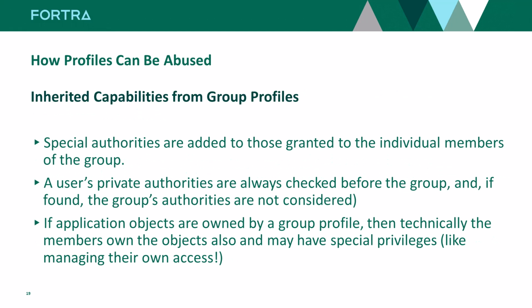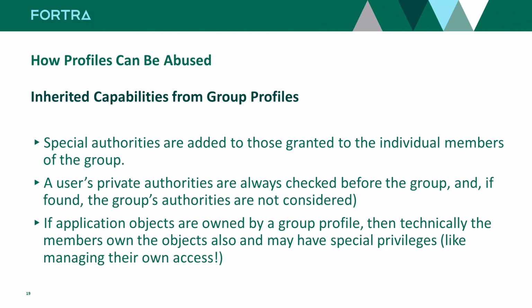And with group profiles, the special authorities a group profile has are accessible to all the members of that group. Additionally, the user's private authorities are checked prior to the group's private authorities.